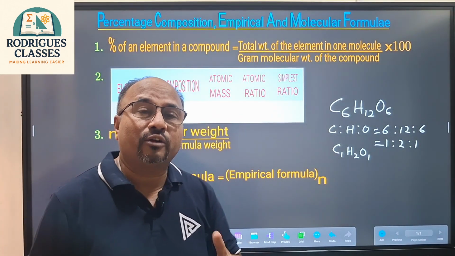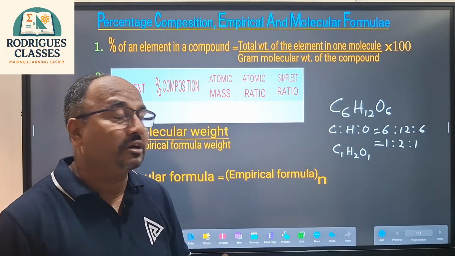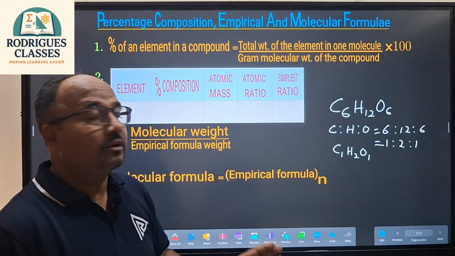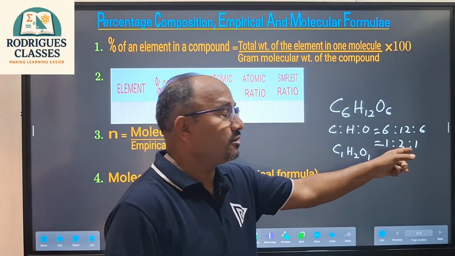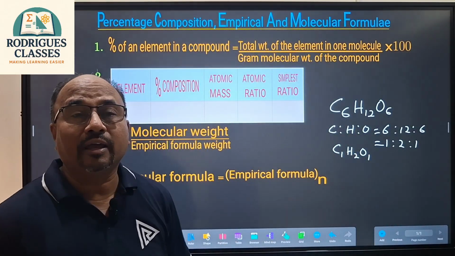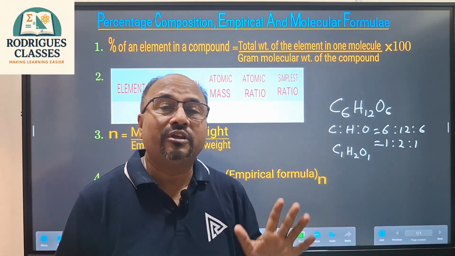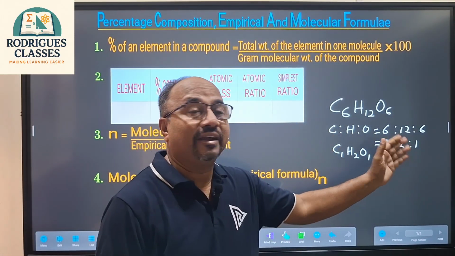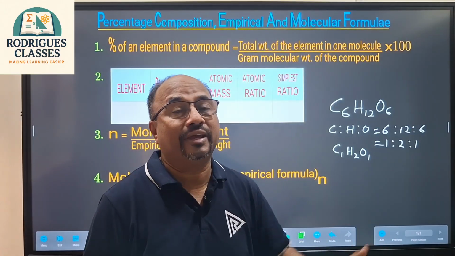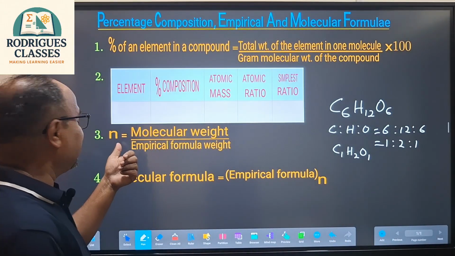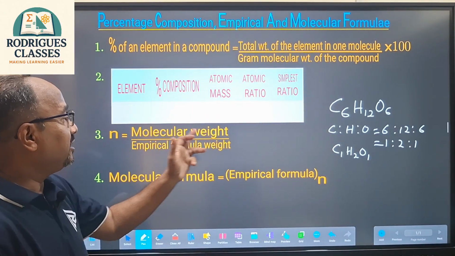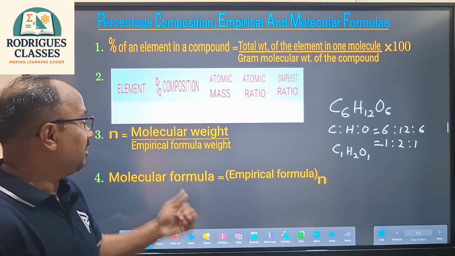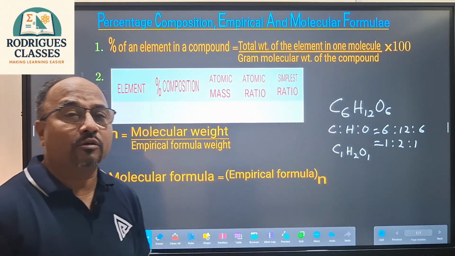Now once we know the atomic ratio, we will convert it into the simplest ratio and write it there. Once we know the simplest ratio, we can get the empirical formula. Once we know the empirical formula, that ratio, like here it was divided by 2, that ratio value we call N here, and you will get it by dividing the molecular weight of that compound by the empirical formula weight.